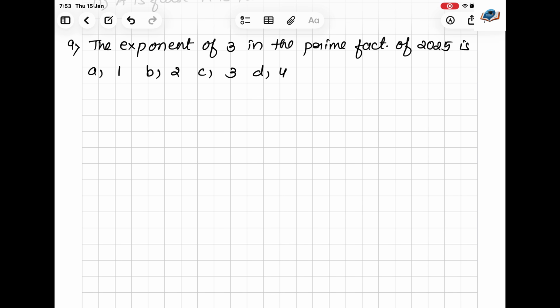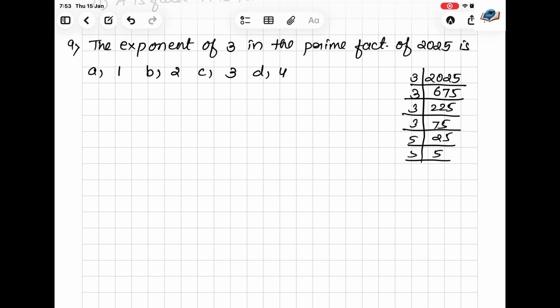If I take out the prime factorization of 2025, I will get 3, 675, again 3, 225, again 3, 75, again 3, and 25. So 5 and 5. If you see carefully here, the 3's are 4. So the exponent power of 3 will be 4.